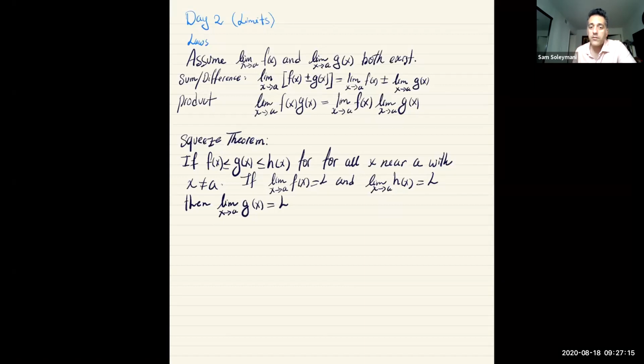The limit of g is between L and L, so the limit of g is also L. If a number u is between L and L, then u has to be L. That is just common sense, correct? Yeah, so these are the limit laws. Y'all are kind of familiar with it.